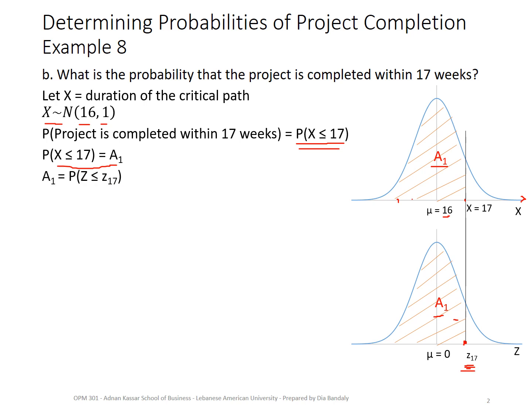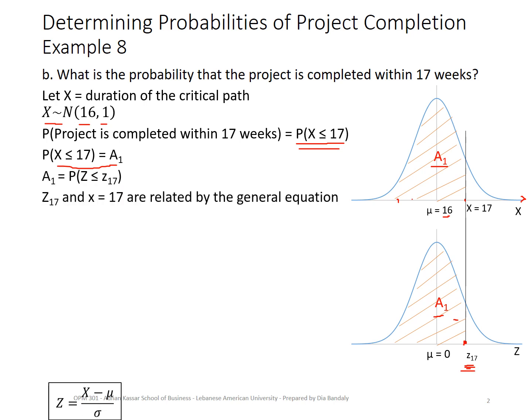How to find this Z? It's easy, right? Z and x are related using the general equation, which is z equals x minus mu over sigma. This is a basic equation that we have used in statistics.